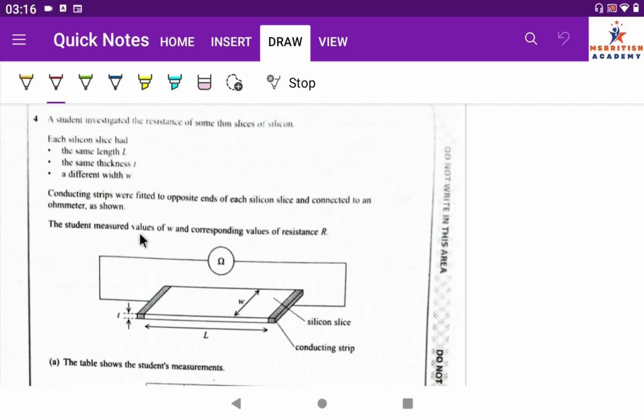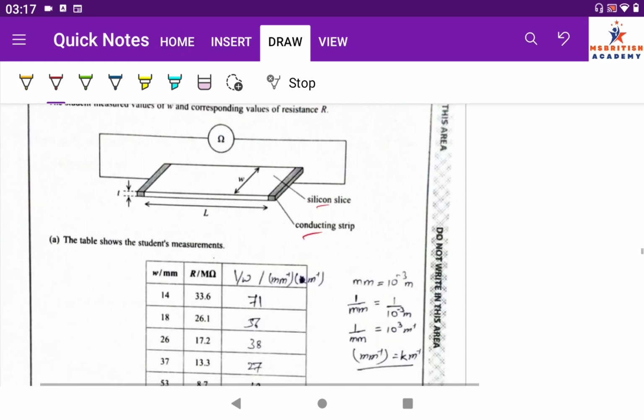The student measured the values of W and corresponding values of resistance R. This is the connecting strip and the slice of silicon; the length and the thickness are given. The table shows the student's measurements.